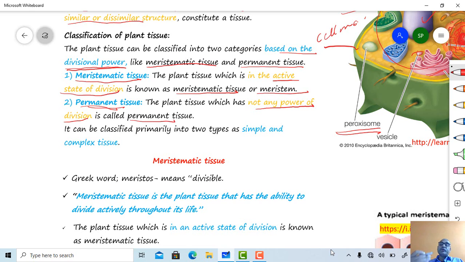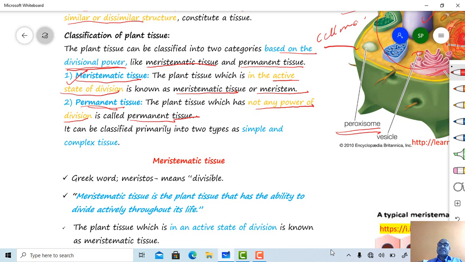So the tissues which have a power of division, or which remain in an active state of division, are the meristematic tissues, while the tissues that do not have a power of division are called permanent tissue.